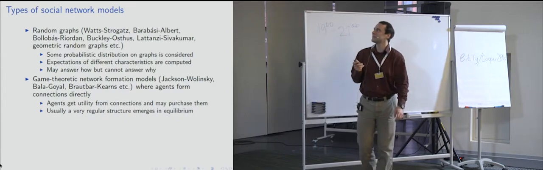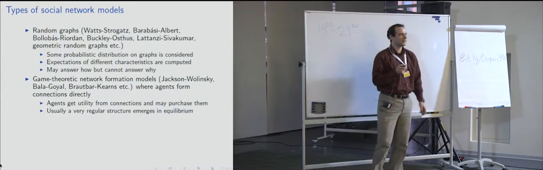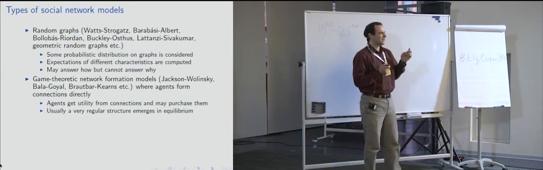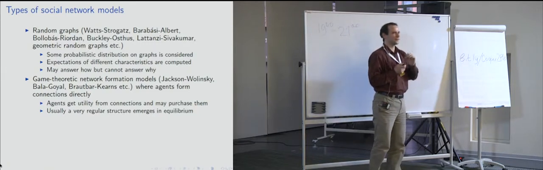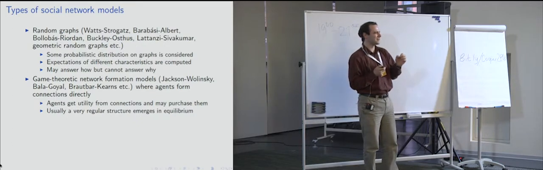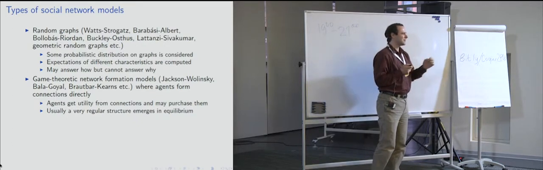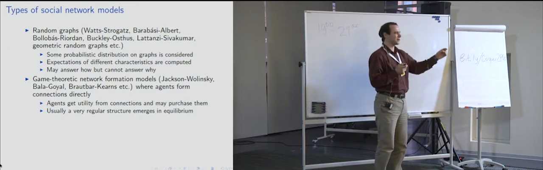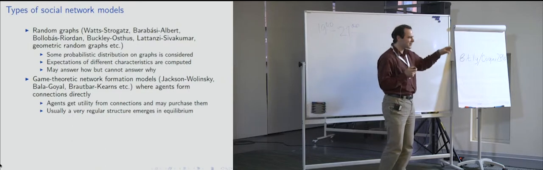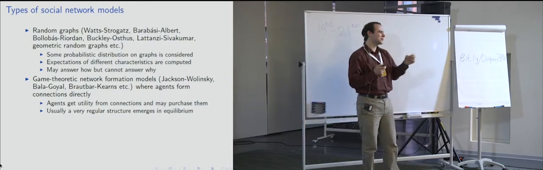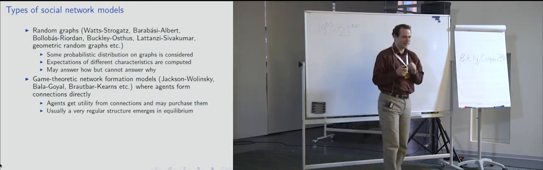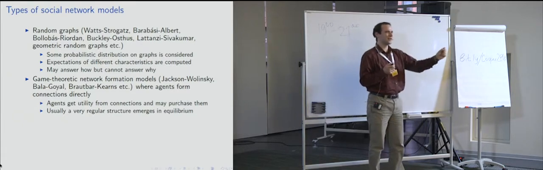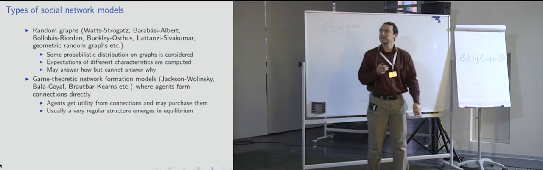There are several models where agents form connections directly. So there is just some cost of making a connection to another agent, and all agents simultaneously make this decision. They purchase the connections, paying the costs, and they get some utility from something, maybe from a connection itself, maybe from a chain of connections, and so on.